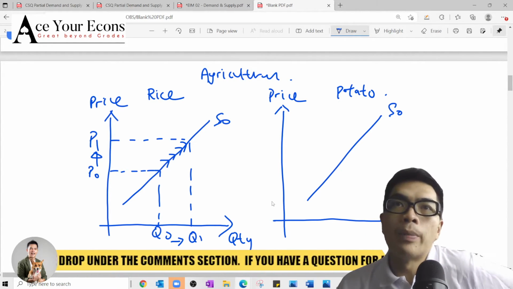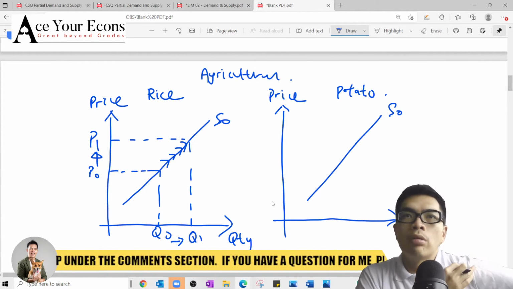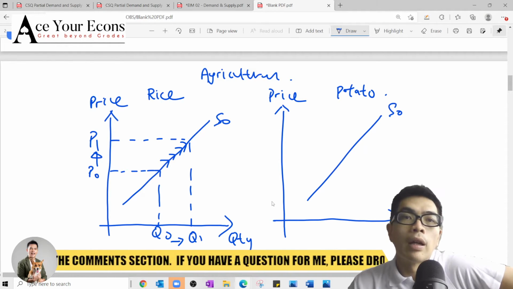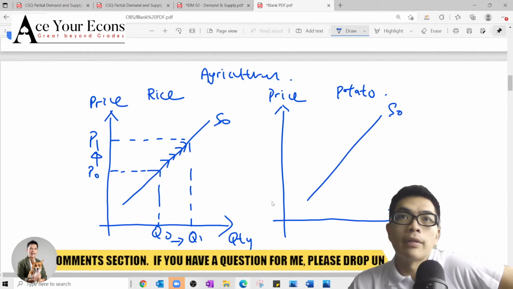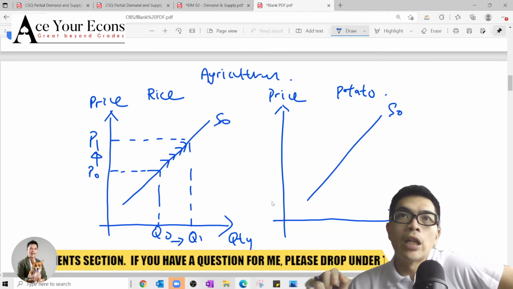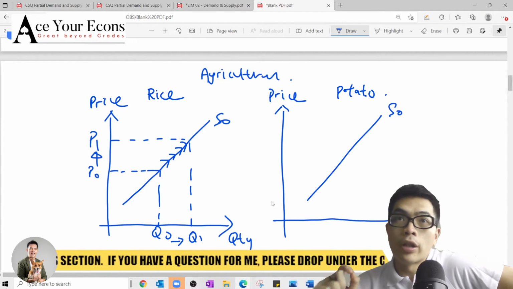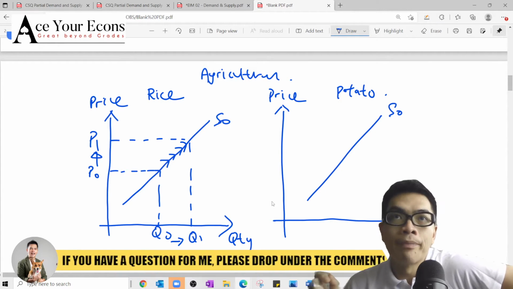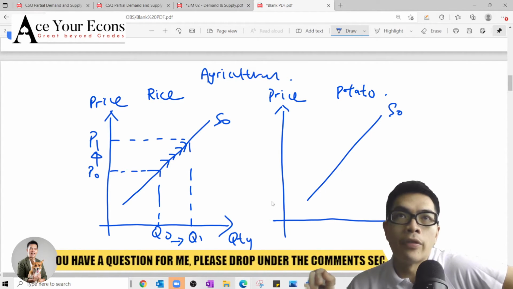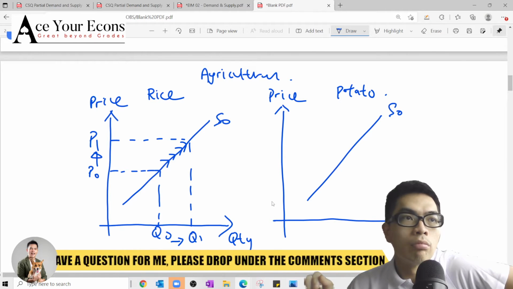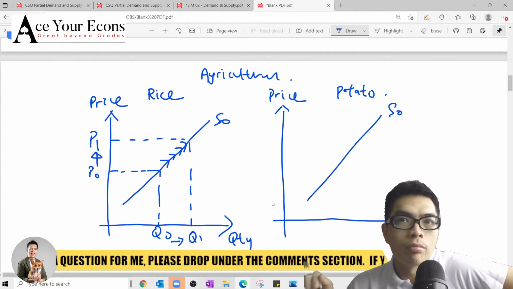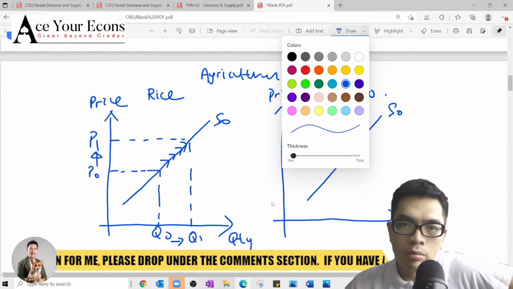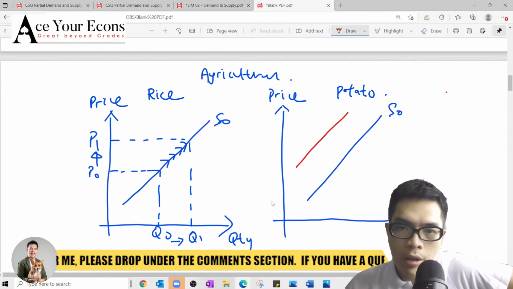Do you think there will be more land available for potato farming or less? Less, right? When there is less land available for potato farming, holding price the same, with no change in potato prices, what is going to happen to the supply curve for potato? Shift leftwards, great. Leftward shift.